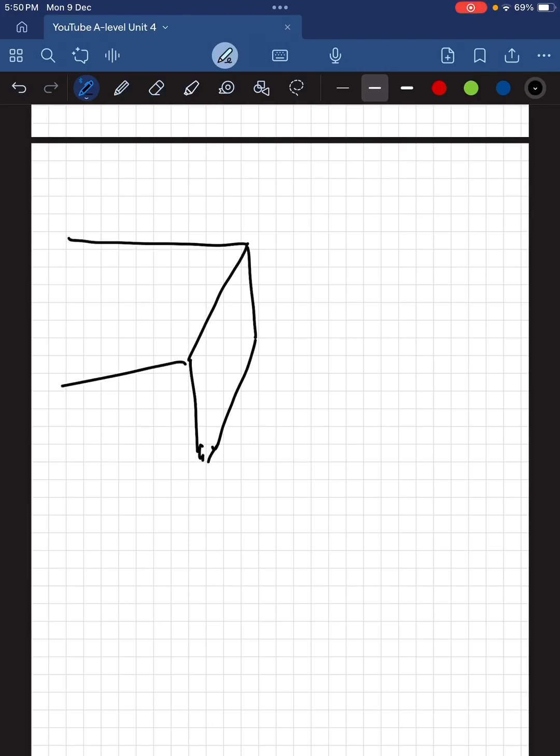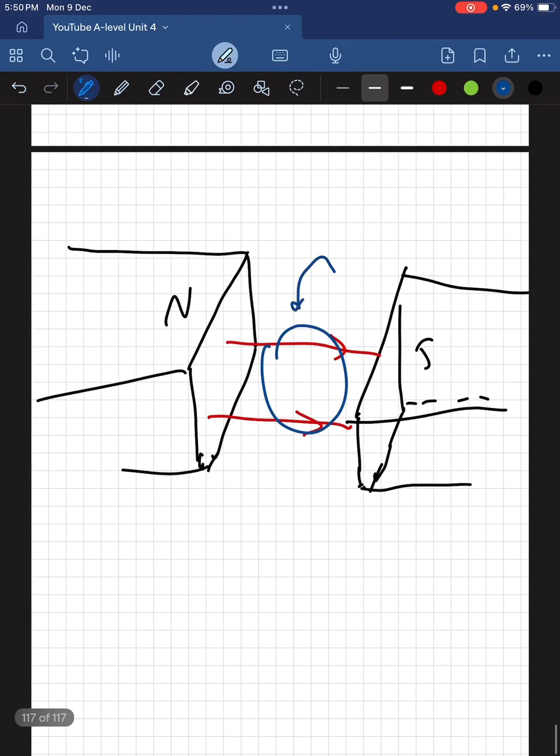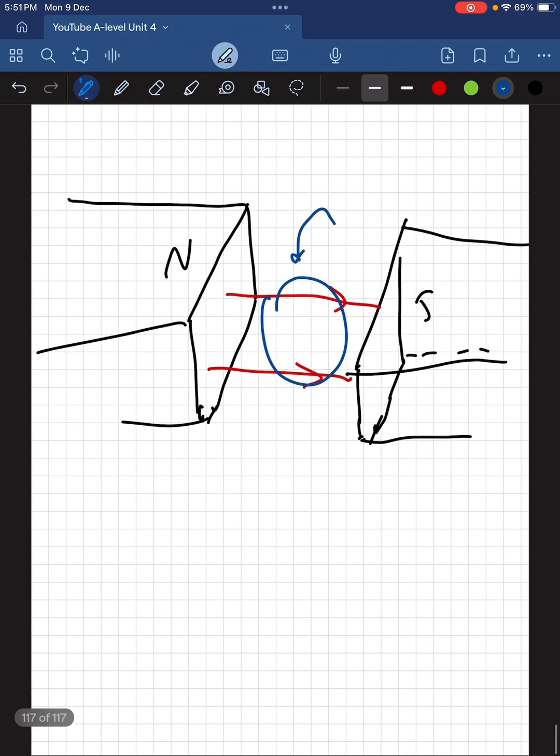Let's say that I have my silly magnets like before, north and south. Sorry for the bad drawing. So these are the magnetic field lines. And let's say that I have a ring like that, that spins in this direction. So there are points in its motion in which it's parallel to the magnetic field lines, and there are moments in which it cuts through the magnetic field lines.